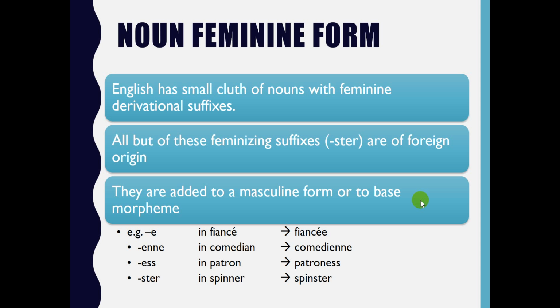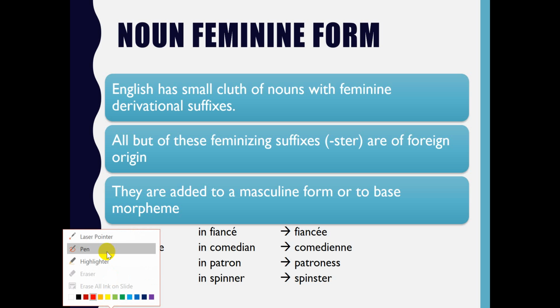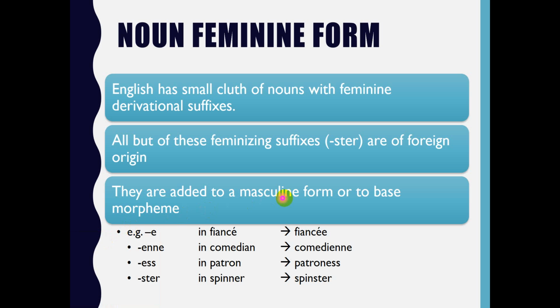Now let's continue with the last material, noun feminine form. Some morphemes indicate the feminine form. The base form is usually the masculine one, to show that this is the base one, and then we add suffixes.